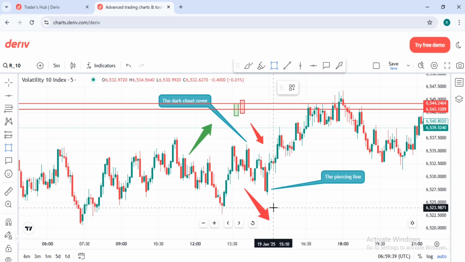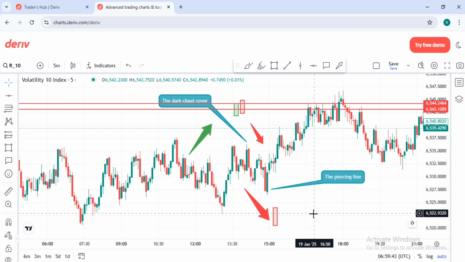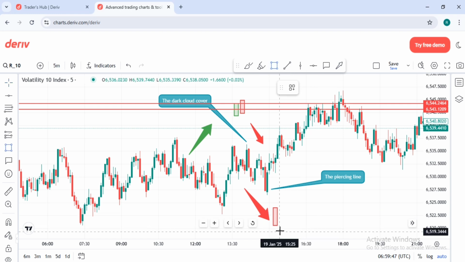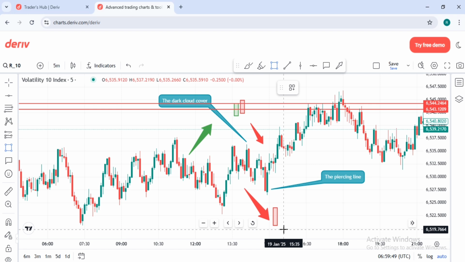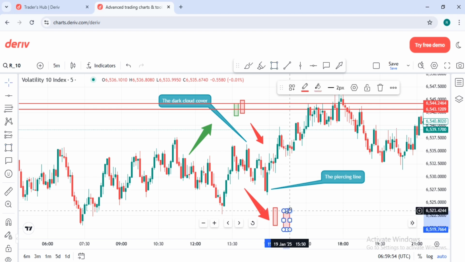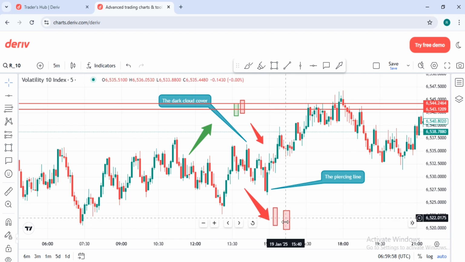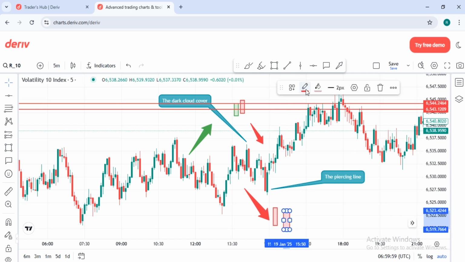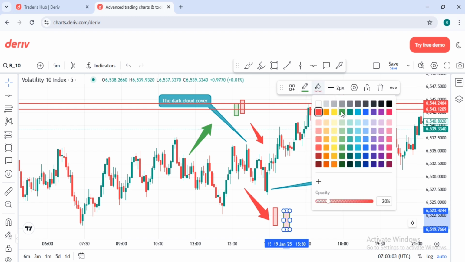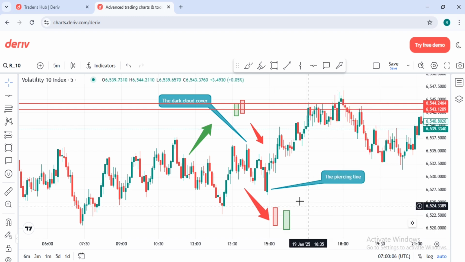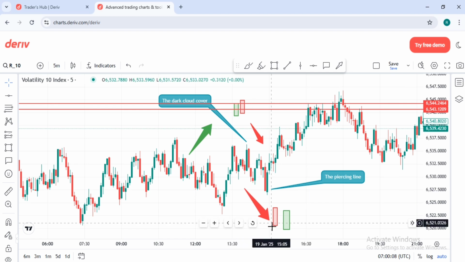A red candlestick is formed, okay, then followed by a green one that starts, a green one like that. So this has to be green. Nice. So this one is a downtrend.